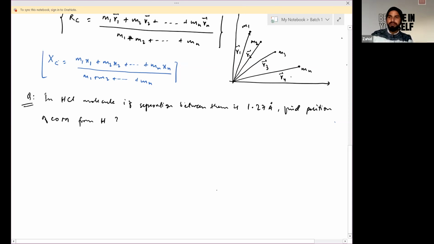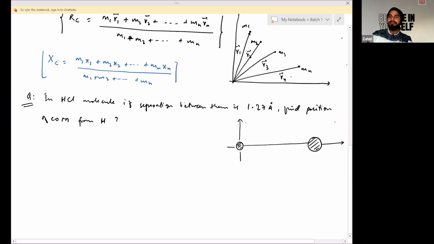So how to approach any problem? In this part, we have hydrogen and chlorine forming an HCl molecule. First try to arrange them on an axis. Let's say this is at the origin, and this will be along the x-axis.